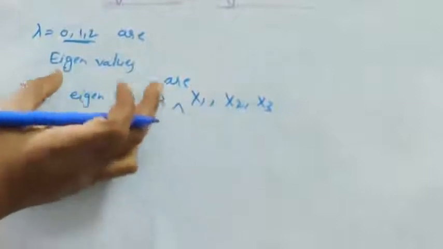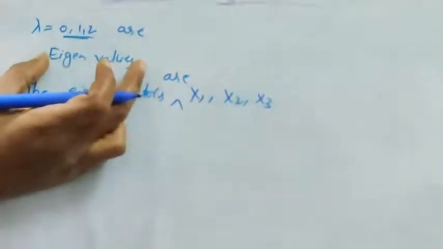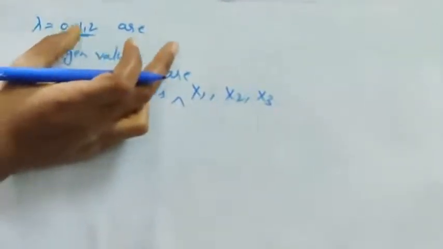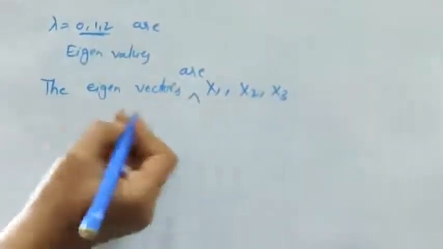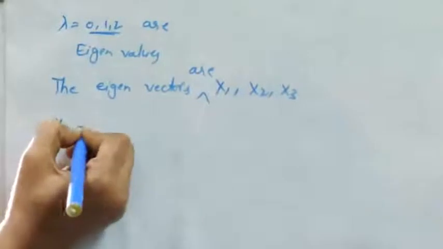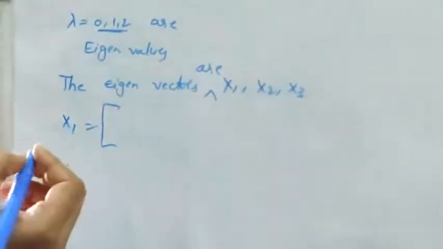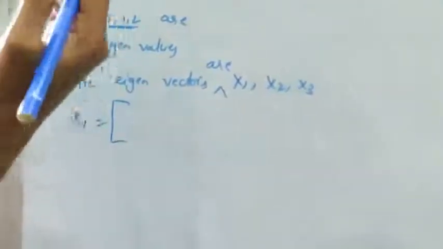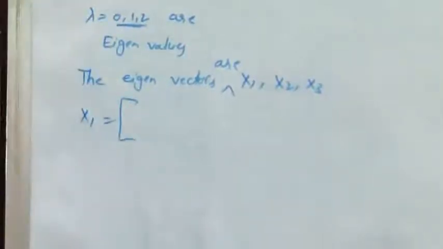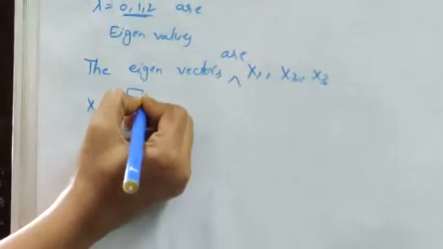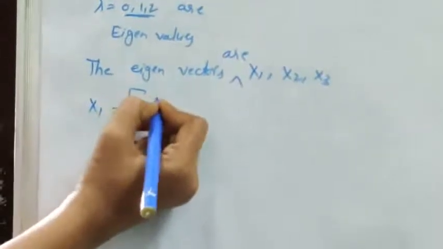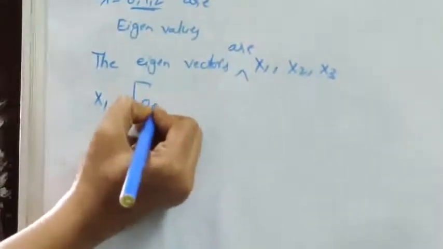So for the eigenvalues lambda is equal to 0, 1, 2, the corresponding eigenvectors are x1, x2, x3, which are represented by x1 is equal to what we got. You can represent in column matrix or row matrix, no problem.